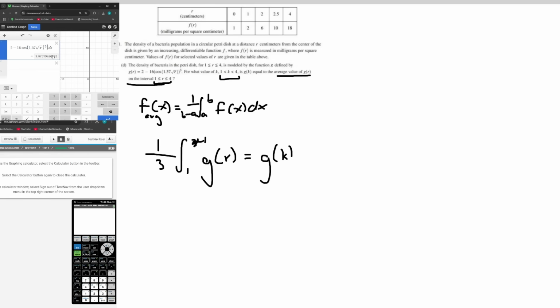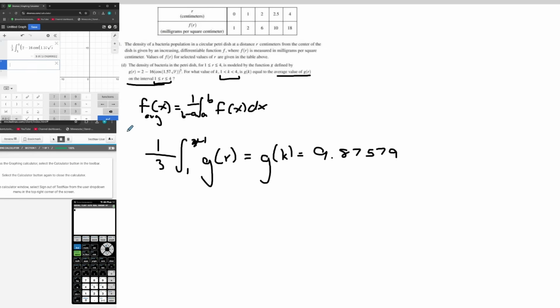So what we would do here is this is what we need g of k to equal. So I'm just going to say equals 9.87579. Don't round too early. And so now all I have to do is just say, okay, when does g of k equal this?